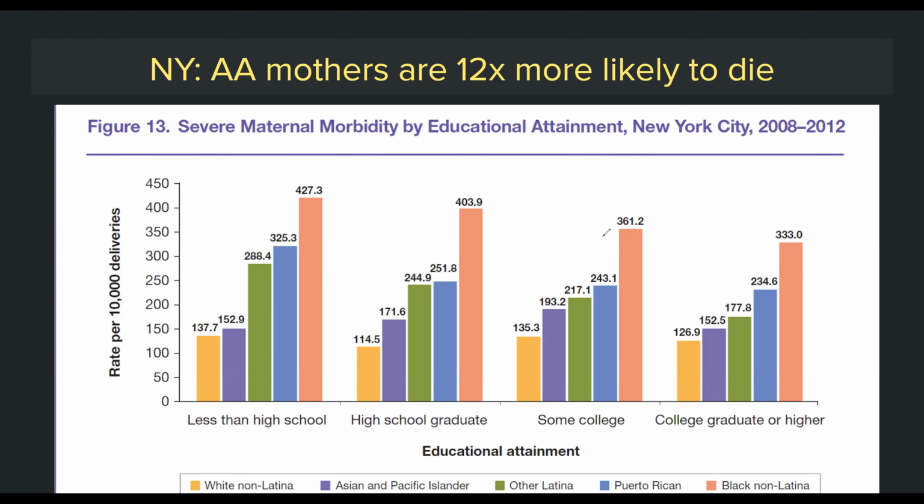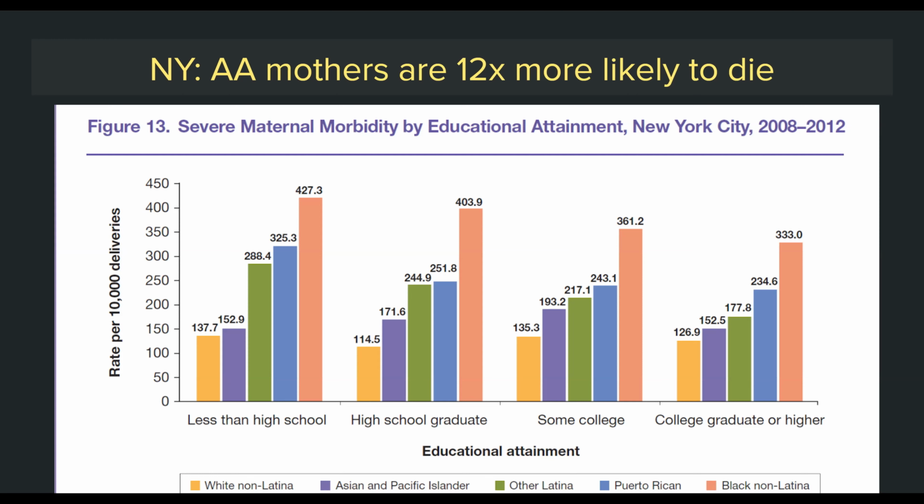So education does make a difference, but there's not a big return on that education. And there's still a huge inequity between white mothers and Black mothers. And even when you look at less than a high school degree, white mothers with less than a high school degree have much better health outcomes than Black mothers with a college graduate degree or higher.